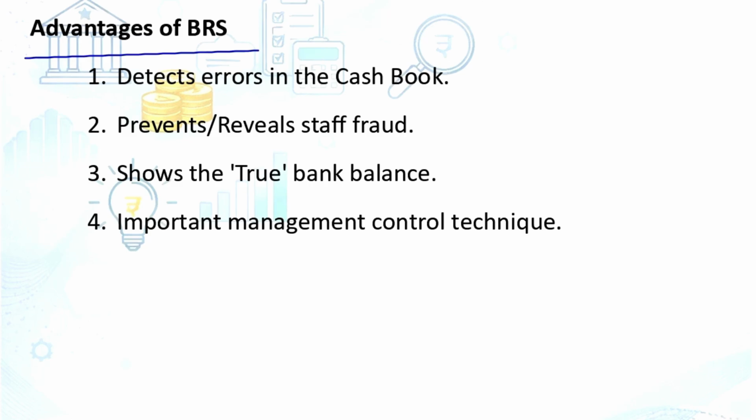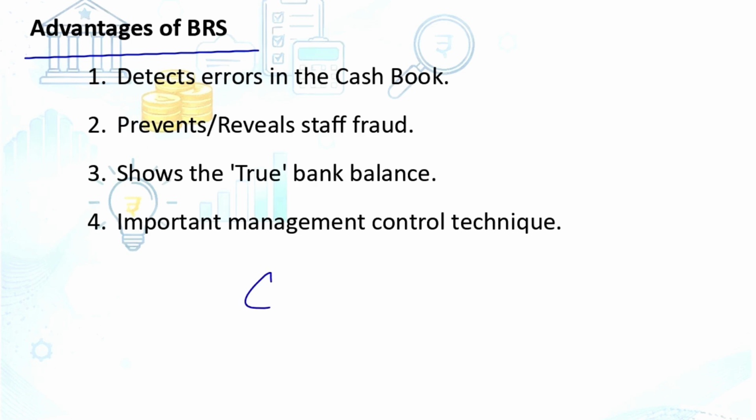What are the advantages of a bank reconciliation statement? A regular bank reconciliation statement helps to catch staff frauds, and it ensures the management has the correct cash position and keeps your financial reporting clear.